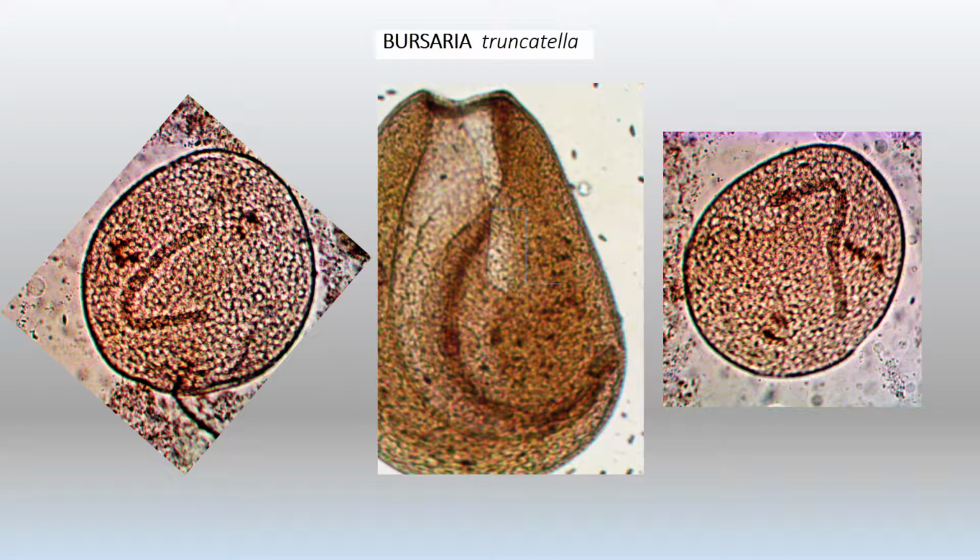The photomicrographs to either side show Bursaria in a somewhat dehydrated state, in which the organism becomes rounded up and the nuclear features are intensified and exaggerated.